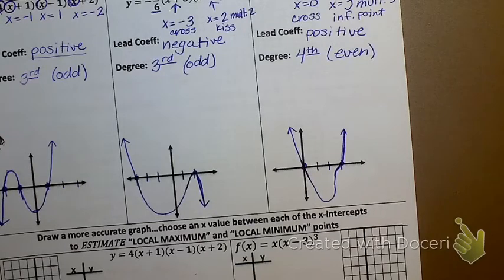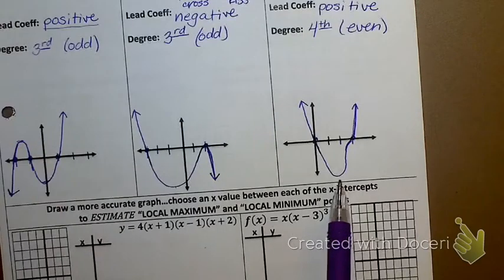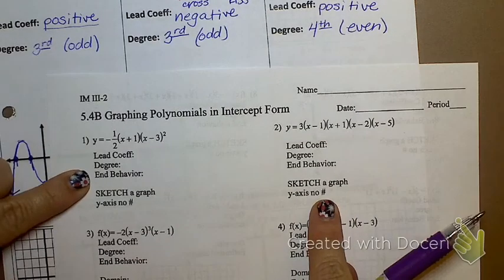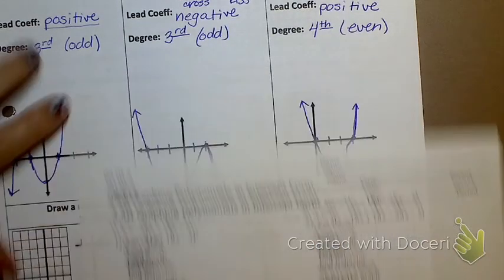Okay, now what's the part of this graph that's still not accurate for me? How low it goes. I don't know that. Okay, so for part of your homework tonight, in fact, I think it's the first two problems on each side. First problem, I'm looking for something like this.